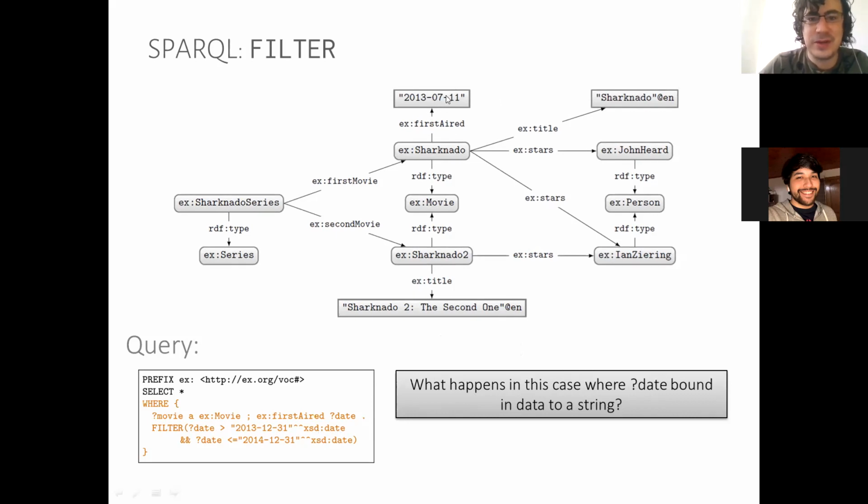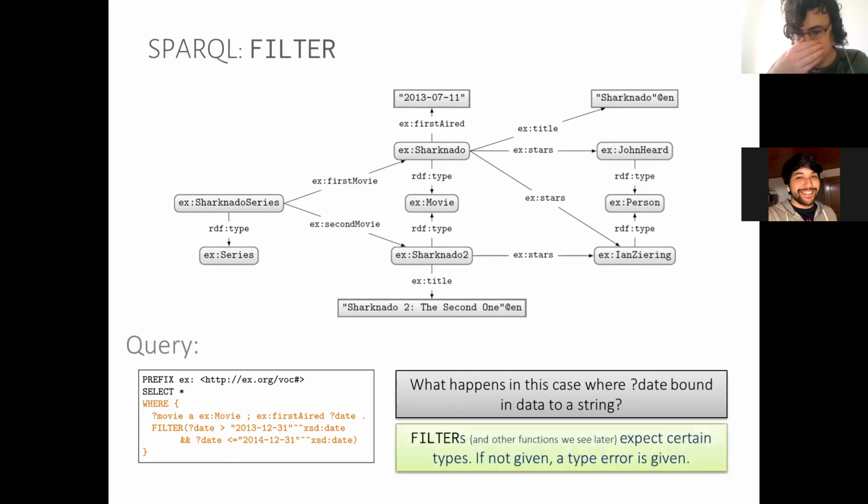So a solution returns date mapped to a string, for example, that's not actually of type XSD date. Or maybe we try to compare a number with a string to see if they're equal or greater than, or whatever. So what happens in this case where we have an incompatible data type that we're comparing? Effectively, the filter will throw an error.